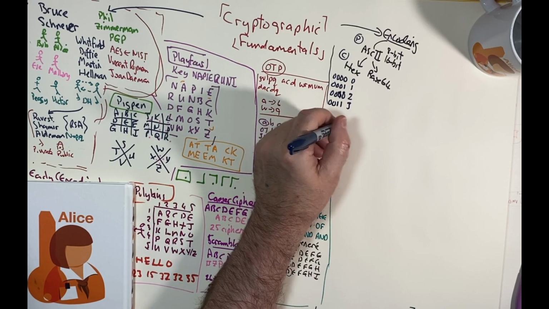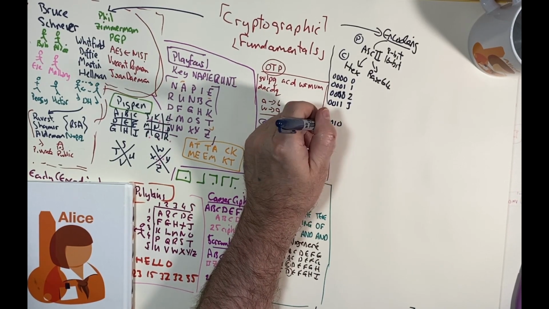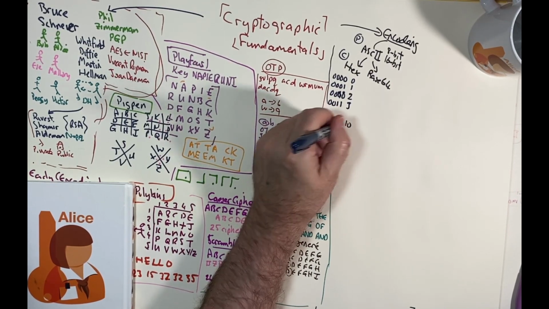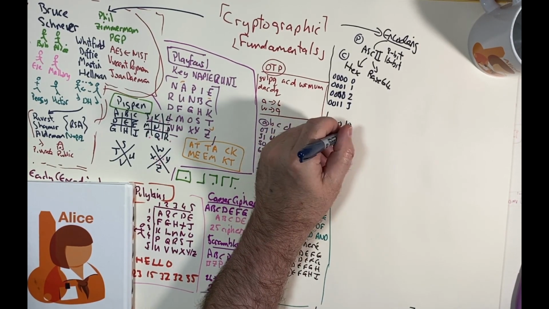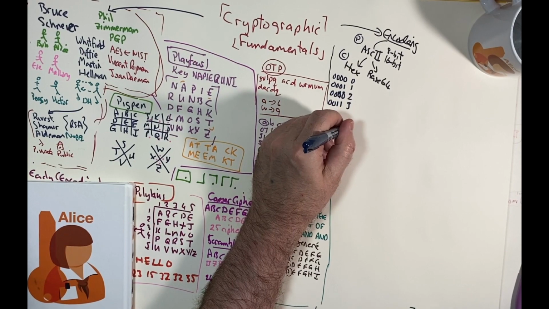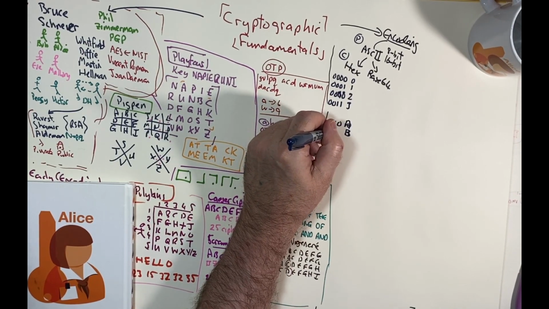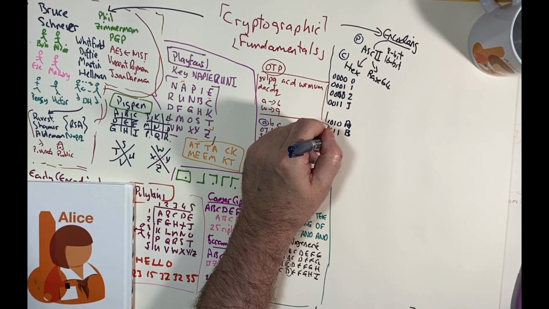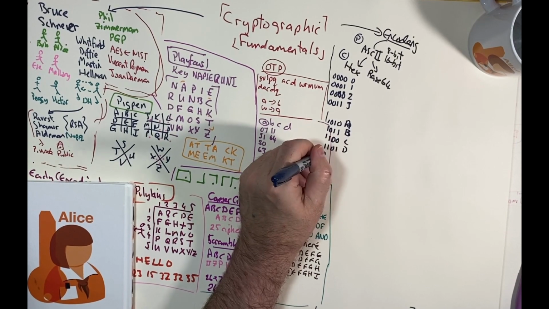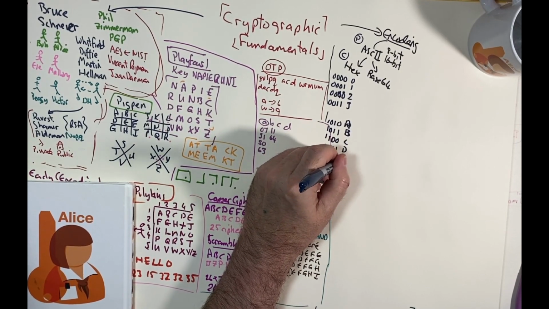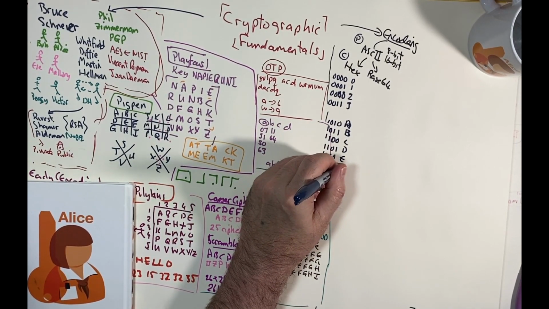So a 10 becomes an 8 and a 2, an 11 is a B, and 10 is an A, that's C, D, E, and finally F.